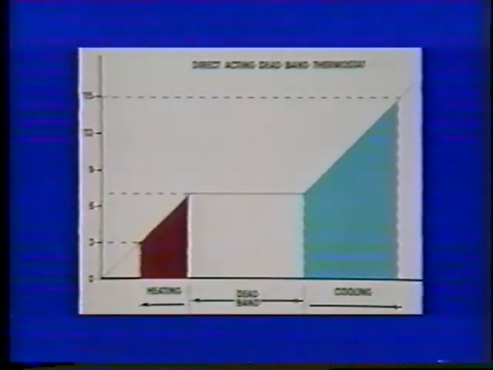This dead band output pressure is maintained until the temperature reaches the lower end of the cooling throttling range. As the temperature increases through the cooling throttling range, the branch line pressure will continue to increase proportionately.